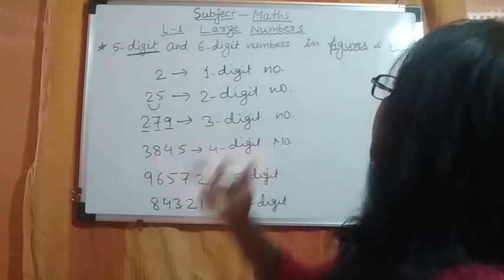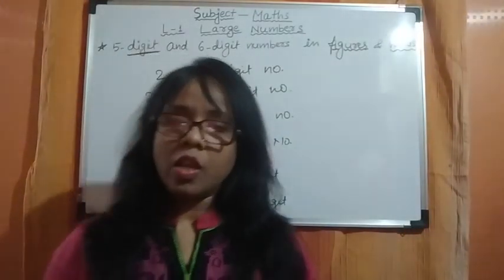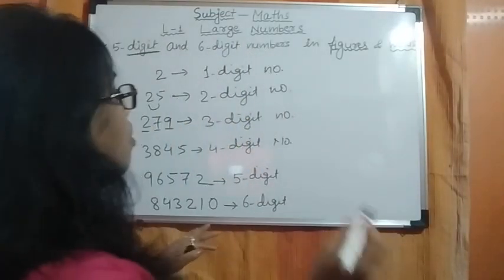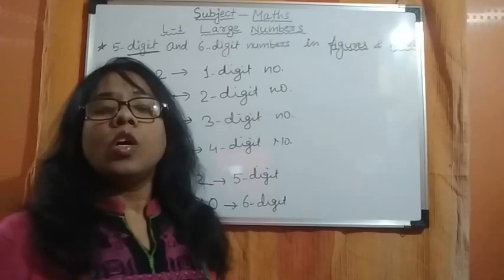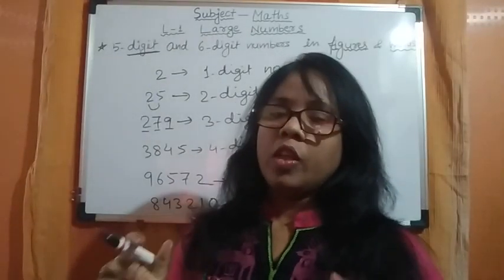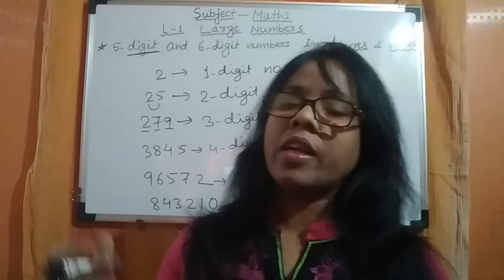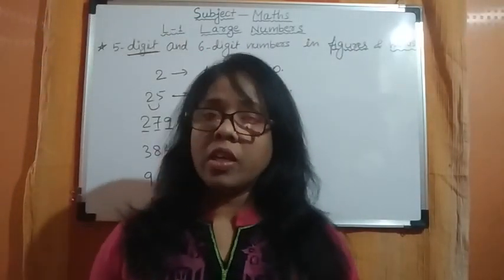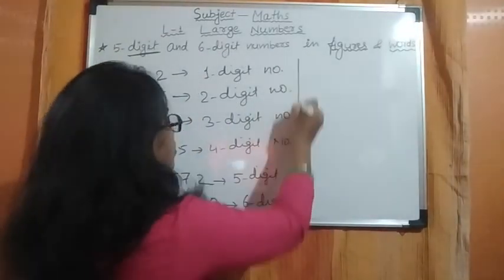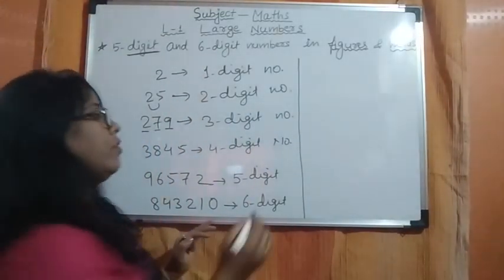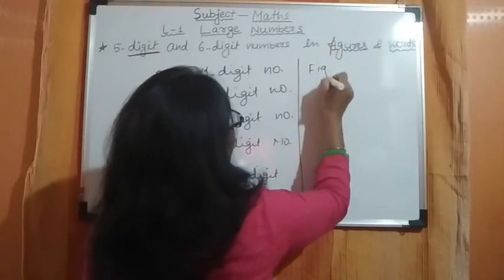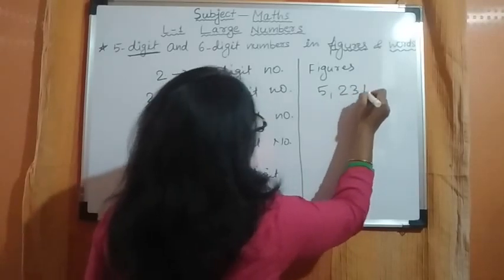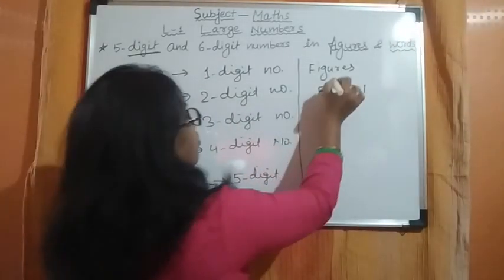Now, what is the meaning of figures and words? Someone tells you 5231. You have to write 5231. If someone speaks and tells you, write down in figures and words, how will you write? When we are writing in figures, we will write 5231. This is in figures.